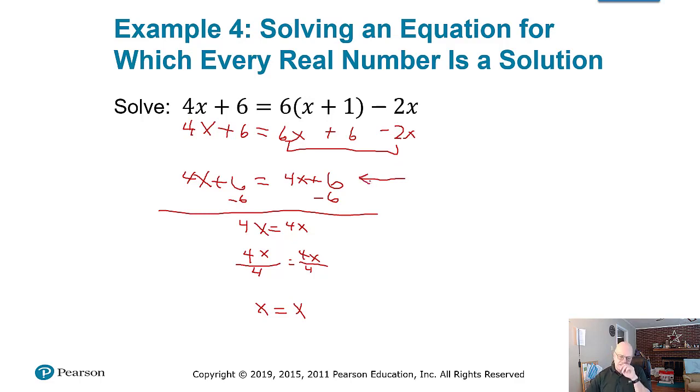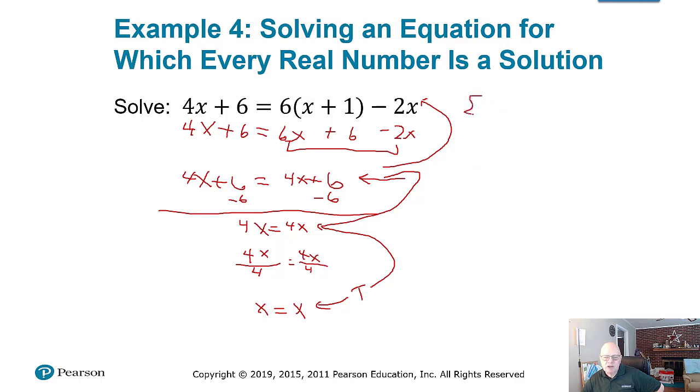How could x work? Well, actually, it means no matter what you put in for x, this is going to be true regardless, which means this will always be true, this will always be true, and that will always be true no matter what our x is. So what does the solution look like? The solution set has all real numbers.